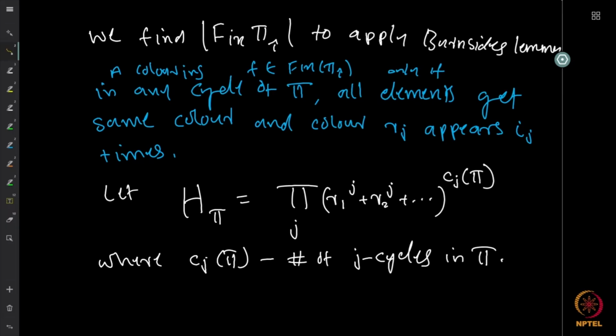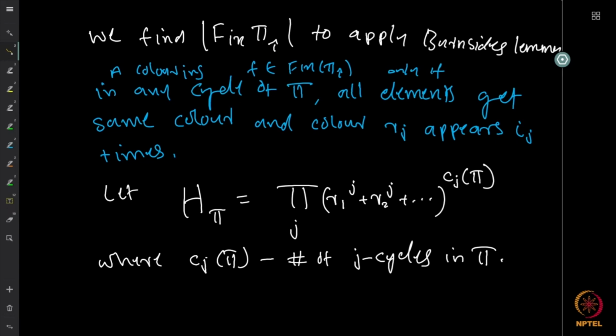Now we know that in this product, we can choose some r_i raised to j exactly c_j times. So choosing a term of the type r_k raised to j from every factor says that we are going to color the set X such that every cycle is monochromatic. That is what it comes to. So all elements of the cycle get the same color, that every cycle is monochromatic.